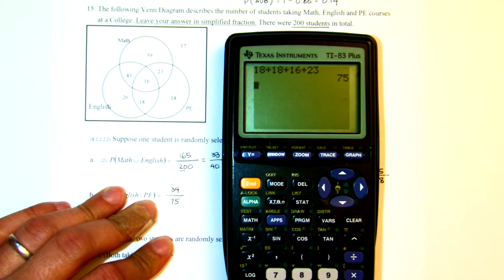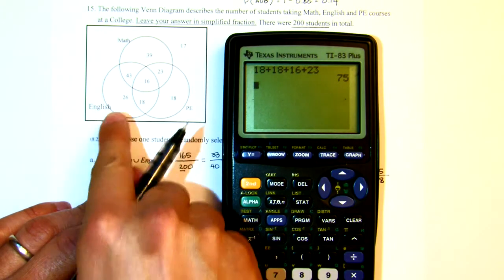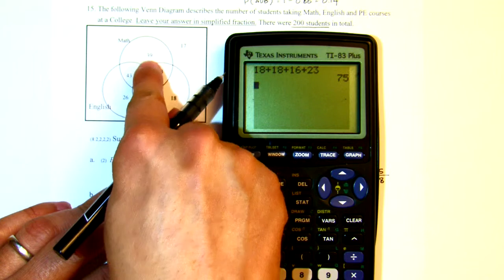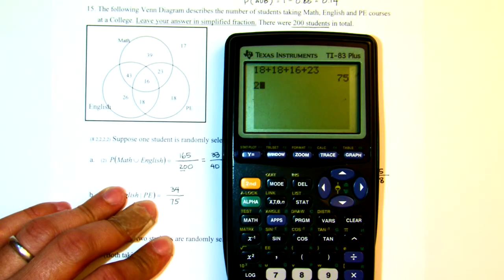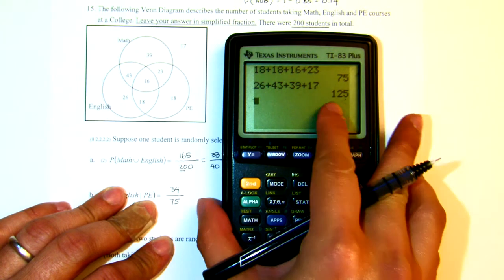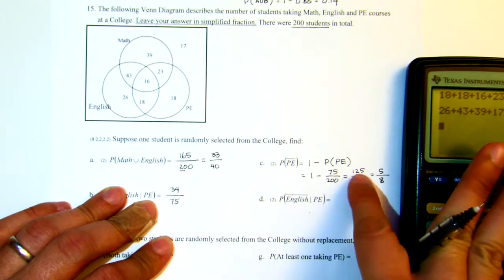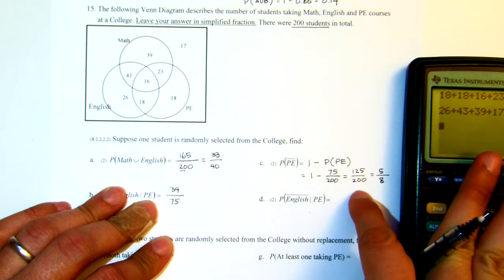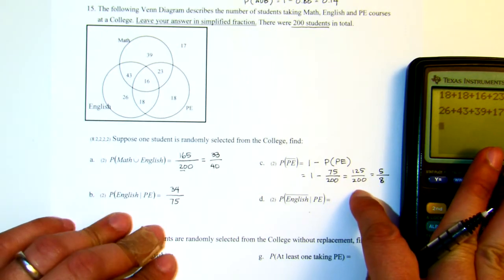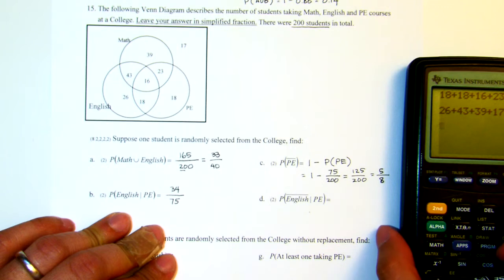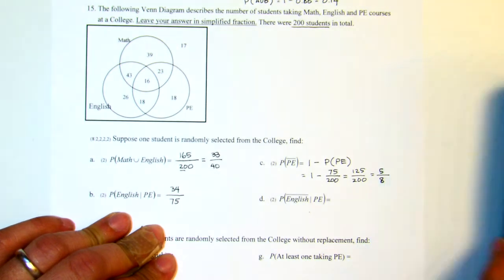Let's confirm. If I add 26 plus 43 plus 39 plus 17, you see, there are 125 students not taking PE class out of 200 students. Now part D.